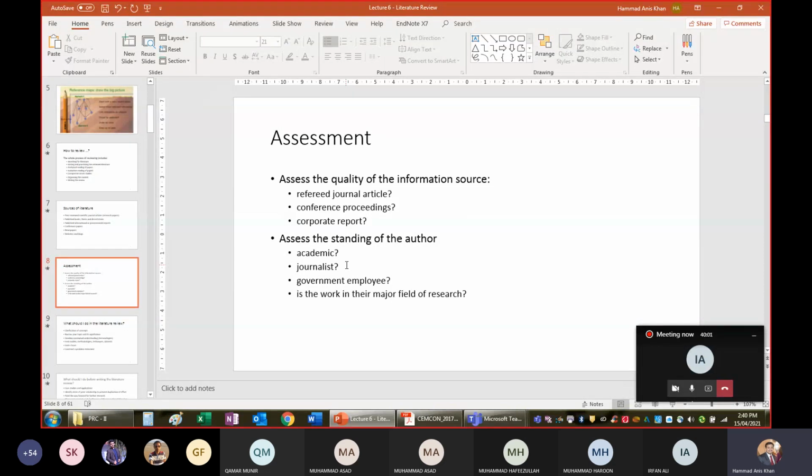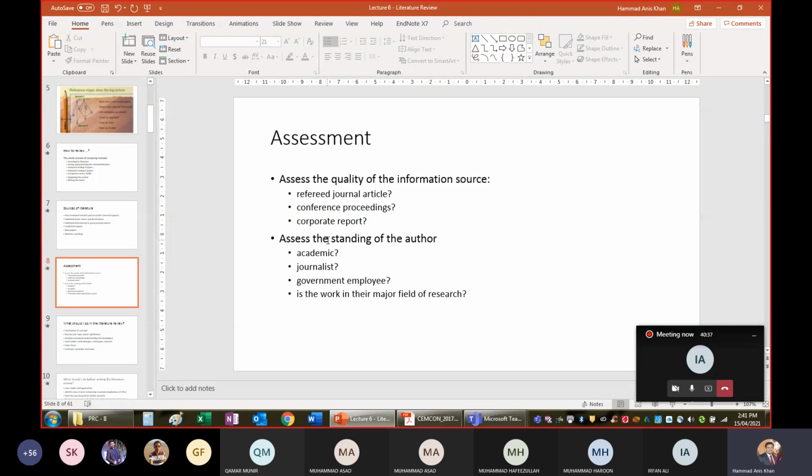Journal articles from Cement and Concrete Research will be top rank and of very good quality, so you should take information from those. There are some journals which are of very low quality, so you should try to avoid getting information from those journals. After that, you also have to assess the standing of the author, which means who is the person publishing.